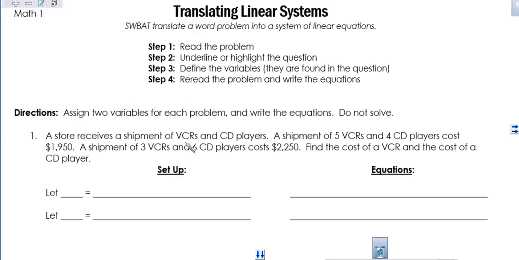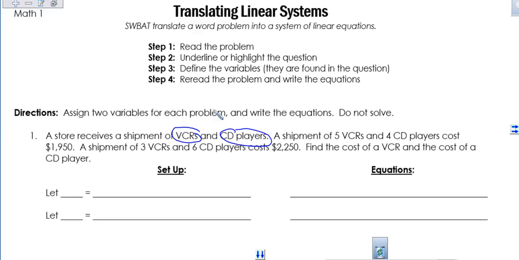Okay, so I told you before that we'll know we're doing a systems of equations because we'll talk about two things two different times. So we talked about VCRs and CD players, both of which are out of date now, because we don't really use VCRs anymore, and CD players are pretty much becoming obsolete as well.